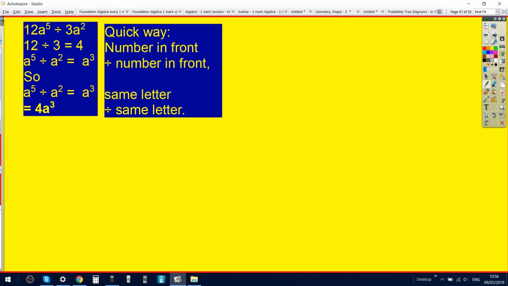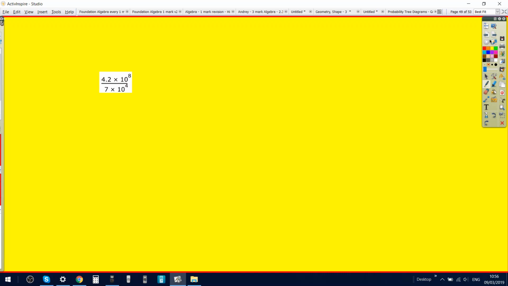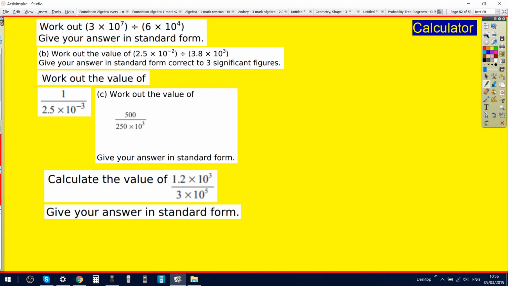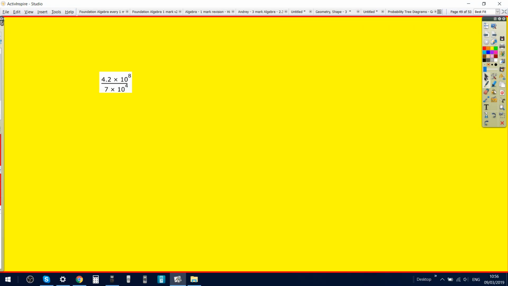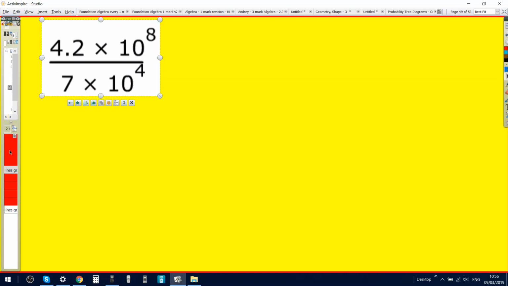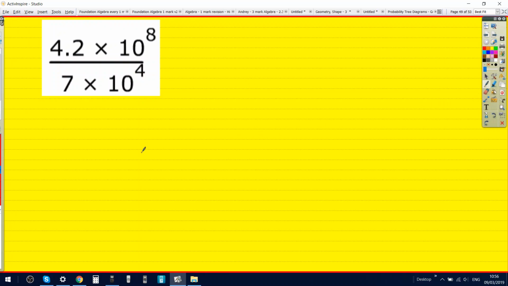And how would you divide standard form numbers? So would you be taking them away? So no, sorry. Is this calculator or non-calculator? Non-calculator. Okay.